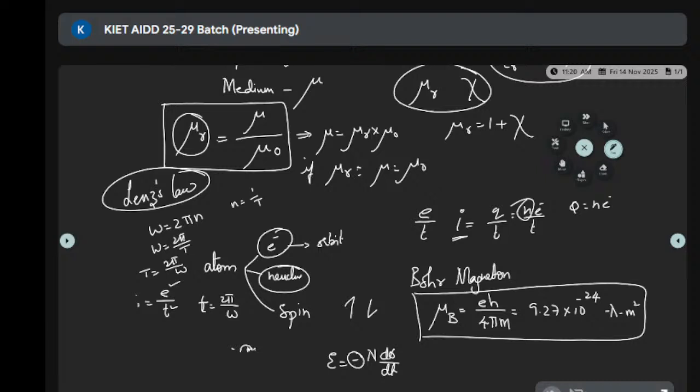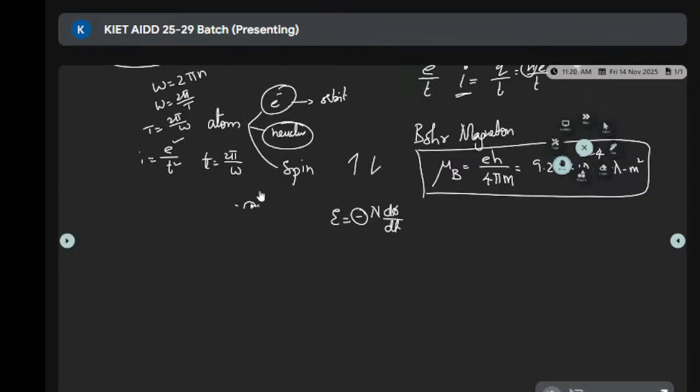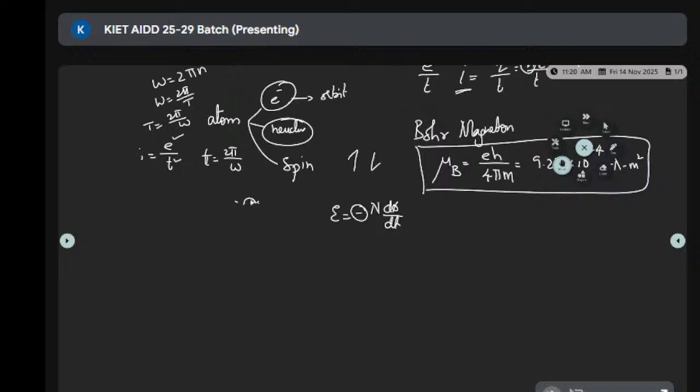Now next we are going to see classification of magnetic materials. Try to remember the formula and value of Bohr magneton.